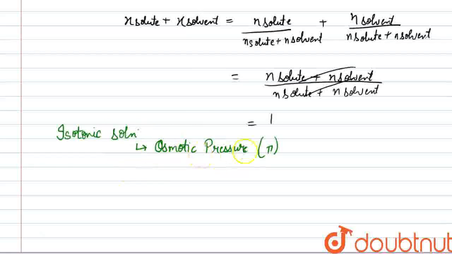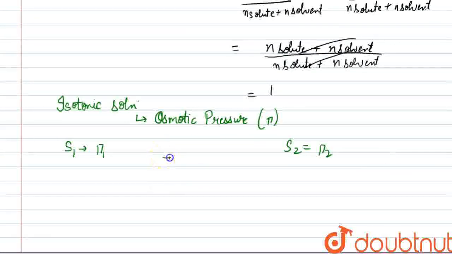The solutions that have equal osmotic pressure are isotonic. Suppose we have solution number 1 with osmotic pressure pi 1 and solution number 2 with osmotic pressure pi 2. If pi 1 is equal to pi 2, then we can say that the solutions are isotonic.